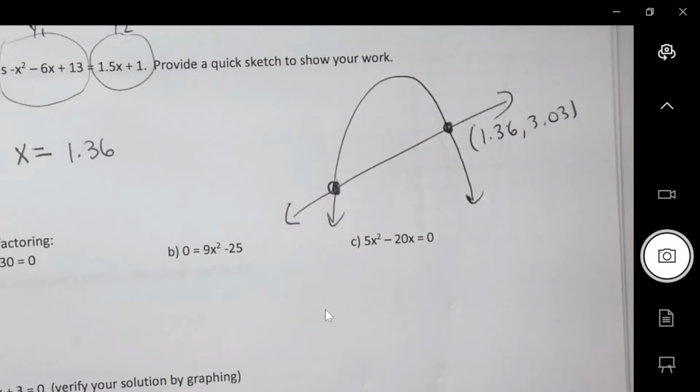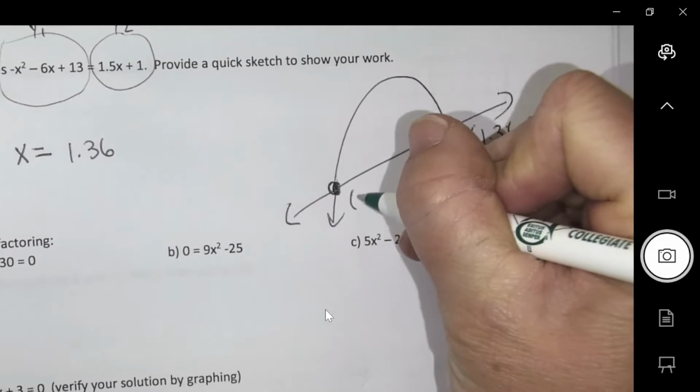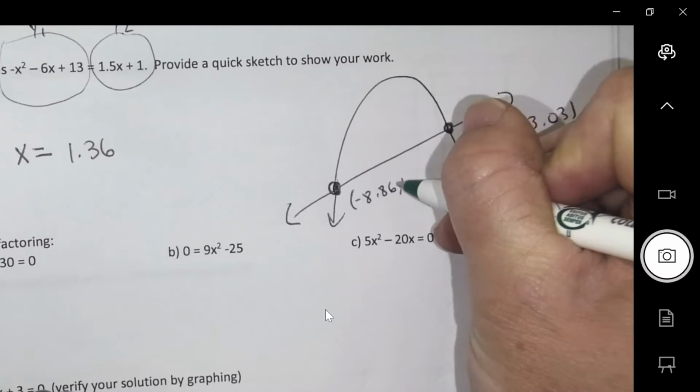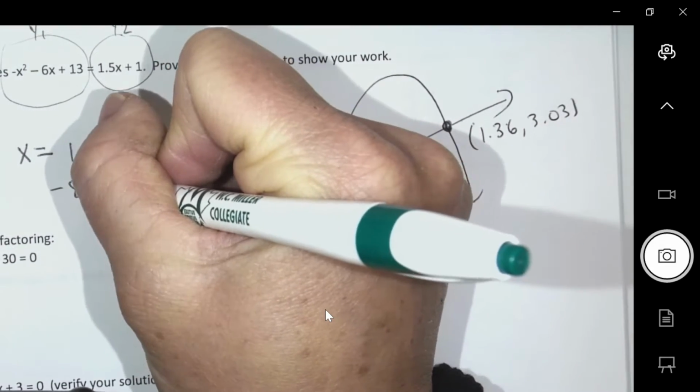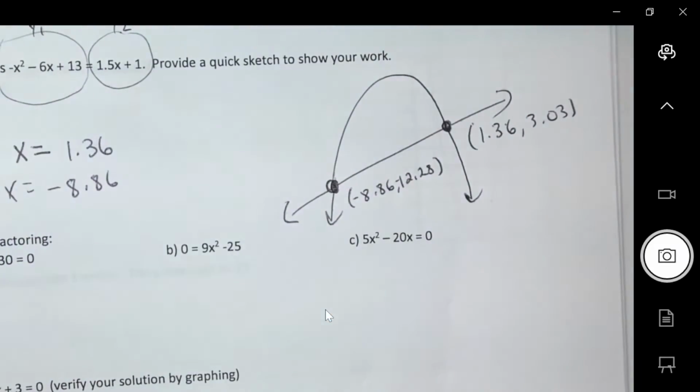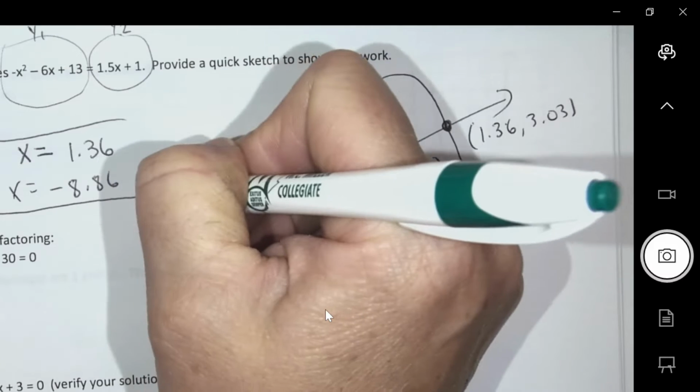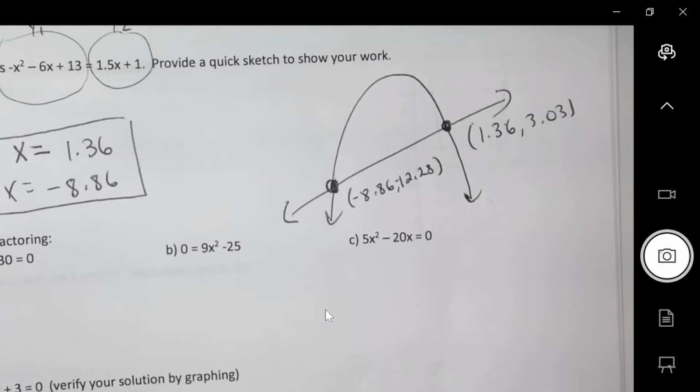So one of the answers is x equals 1.36. So that is how I would answer that question with an x equals.